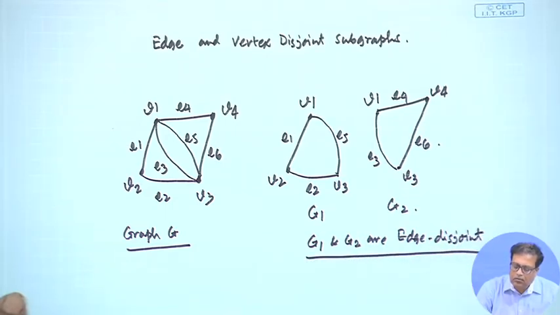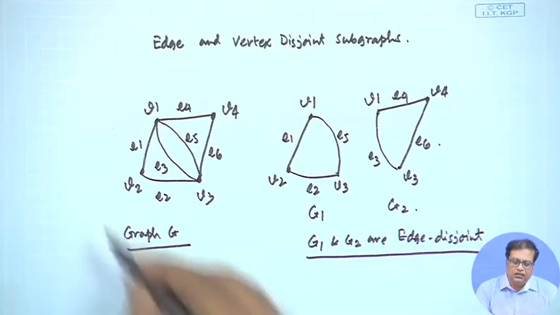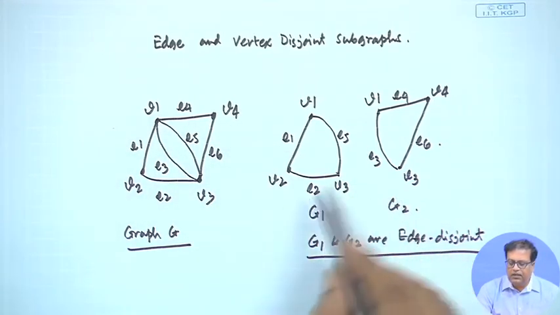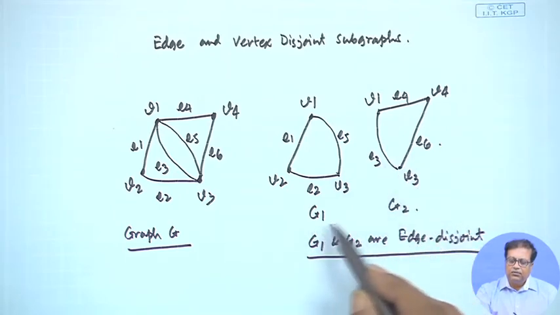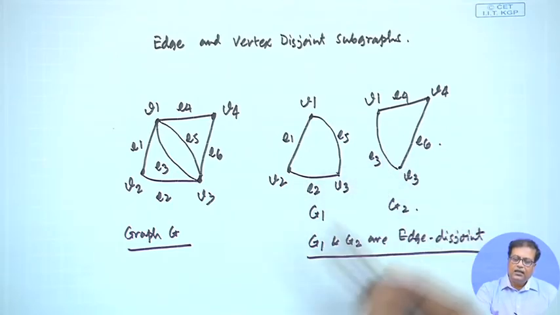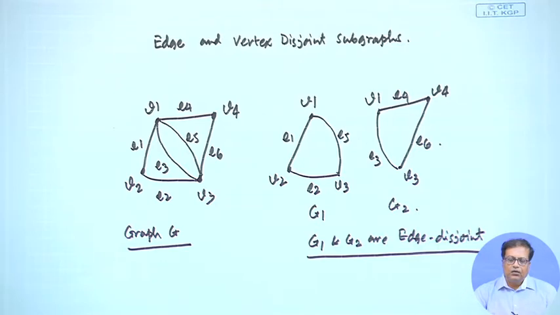right. So, look very carefully, this is graph G. The graph G is partitioned into two subgraphs G1 and G2, and they are edge disjoint. What is the advantage? If we can make this kind of subgraphs, we can partition a problem, right?